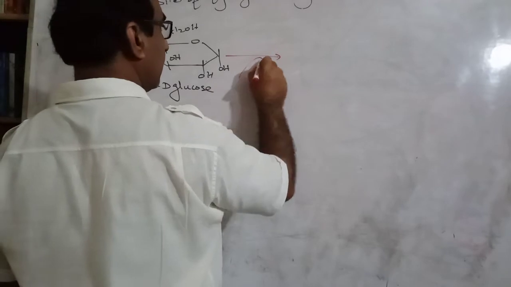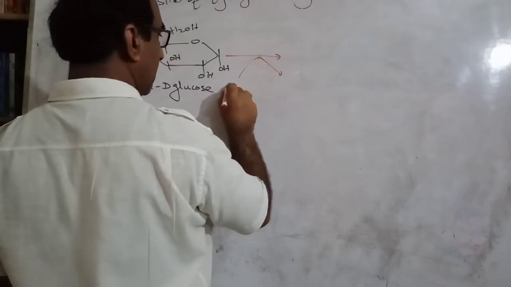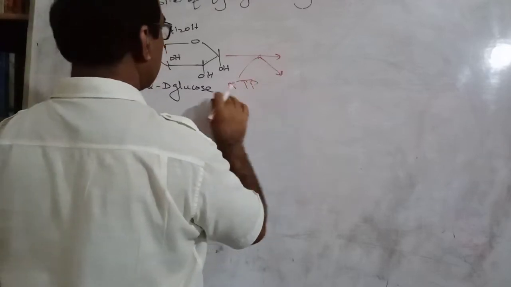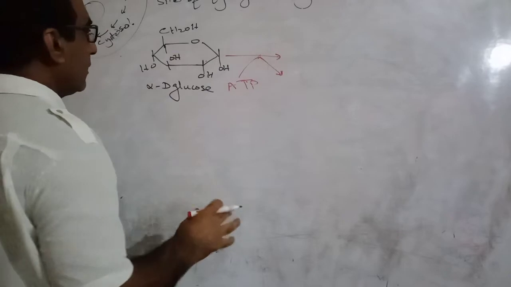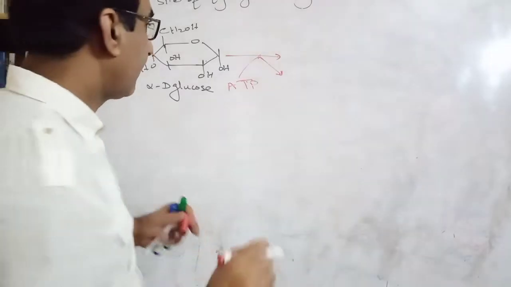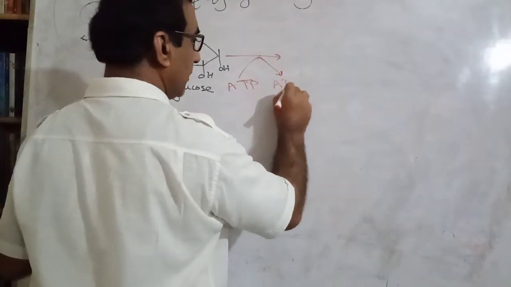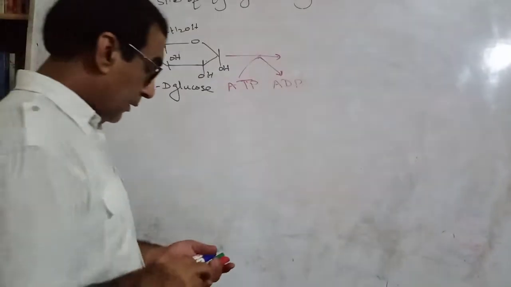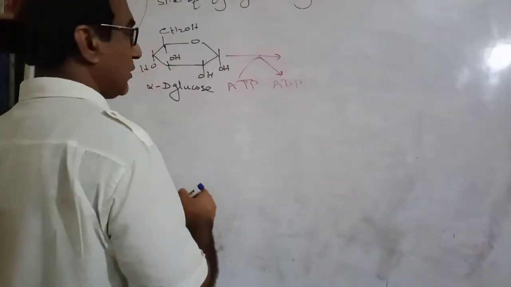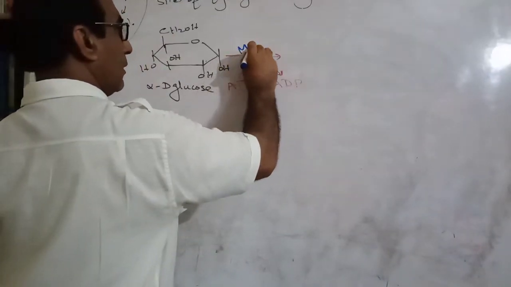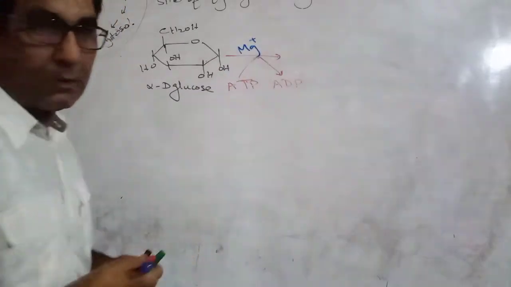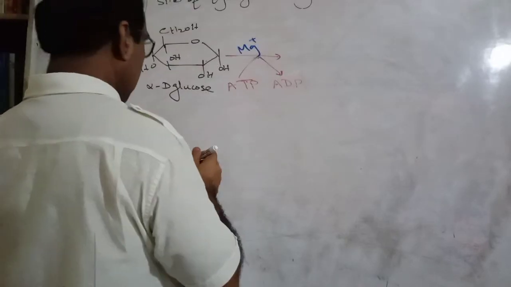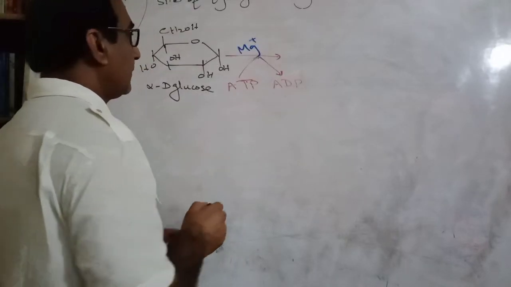One ATP is used in this reaction, and it gives one phosphate, and it becomes ADP. One magnesium ion is used here. The enzyme used in this reaction is called what?